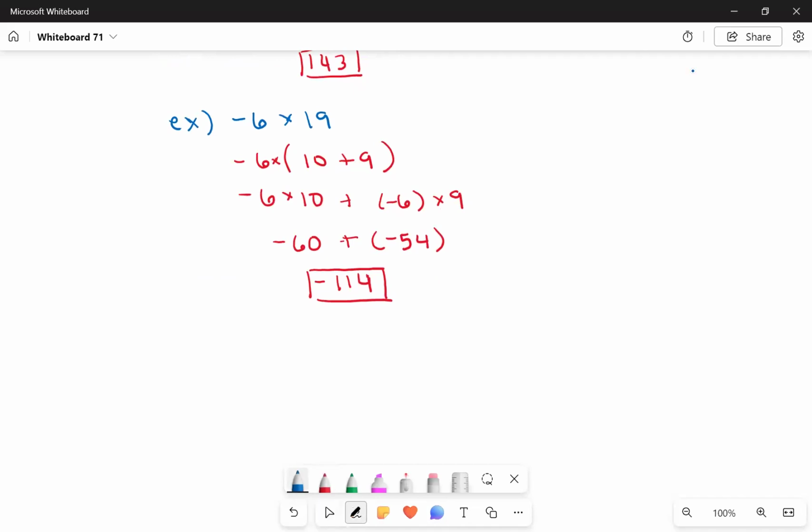All right, let's try another one. How about negative 150 divided by 6?